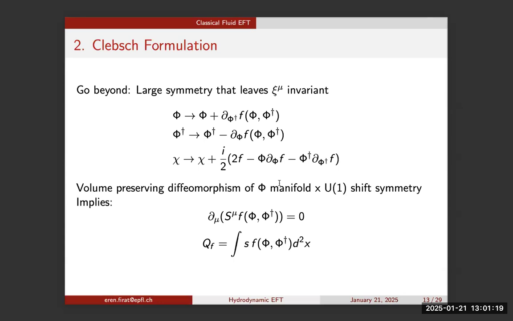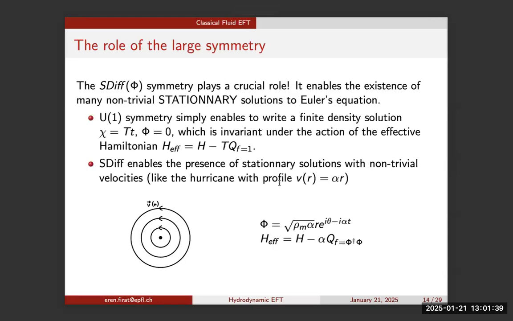And so there are two different symmetries that come in the two different descriptions. And they come with a very large set of conserved charges. And the fact that you get such a big symmetry group is actually quite important and is related to the fact that Euler's equations have a very large set of non-trivial solutions.